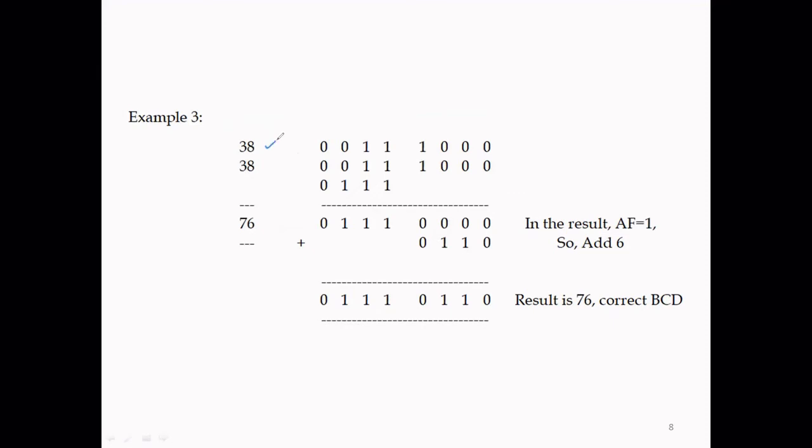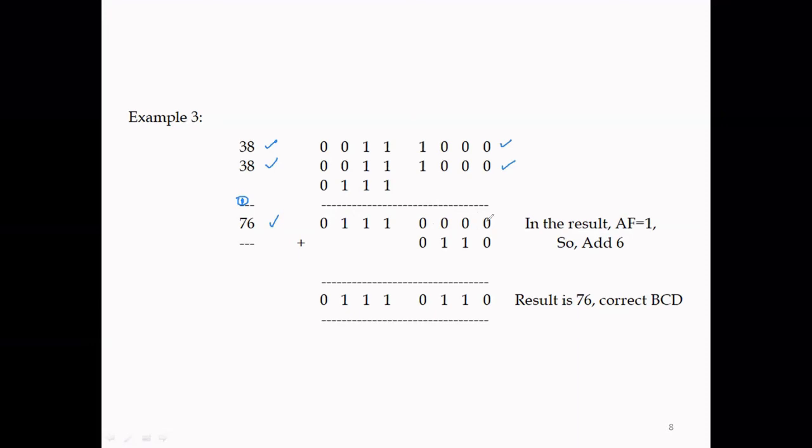I want to add 38 plus 38. Manually, 8 plus 8 is 16, a carry over, and 3 plus 3 plus carry is 7. The 76 is the decimal result. How will the computer do it? This is 38 and 38; it will add them. What is the result? We got 70.